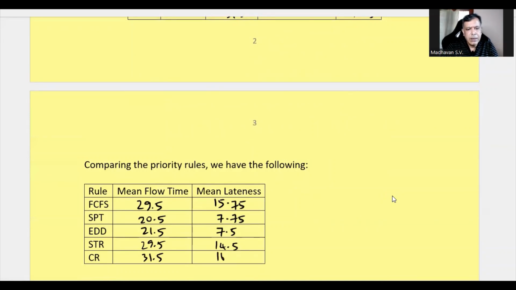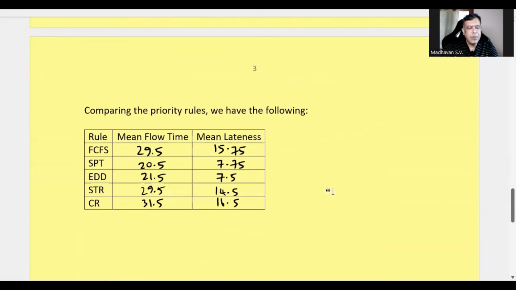Suppose if we are focusing on mean flow time, based on that we need to decide about the priority rule. Then the best rule to apply is SPT, shortest processing time. And if we consider the mean lateness as the important factor to decide about the priority, then EDD, earliest due date, will be our best priority rule to consider.